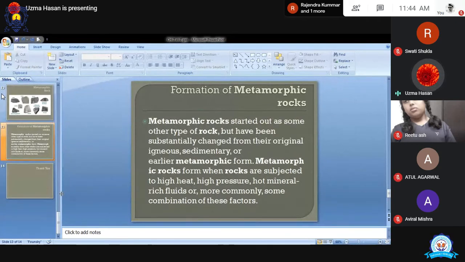So just like those plates, the surface of the earth is also having plates. Different plates हैं. Surface of the earth पर भी different plates हैं.